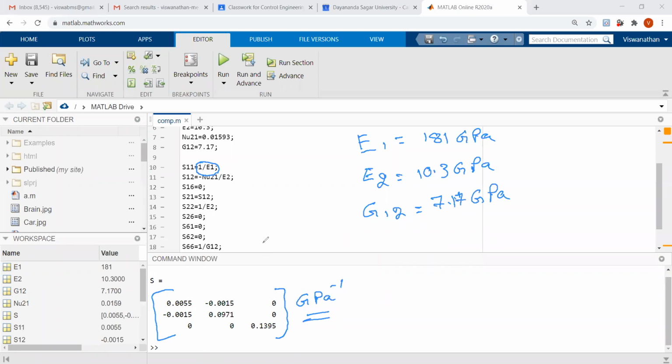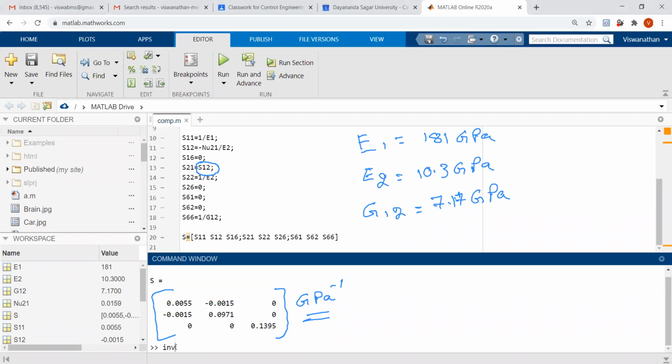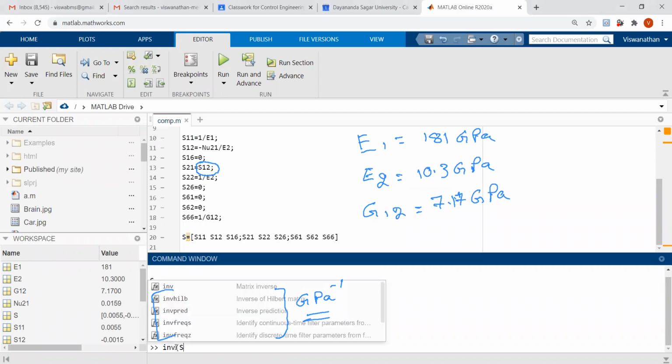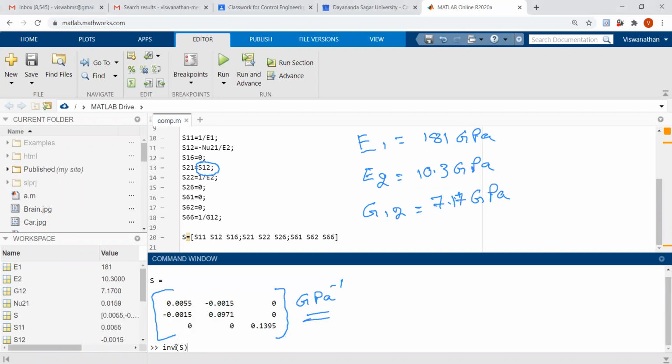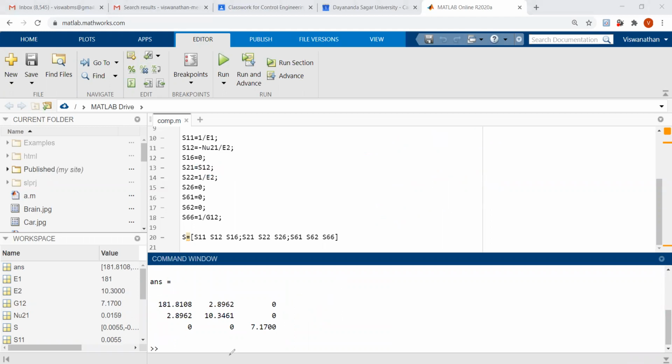How do you find the stiffness matrix from this? The inverse of this, sir. If I take the inverse of the S matrix there, what do I get?